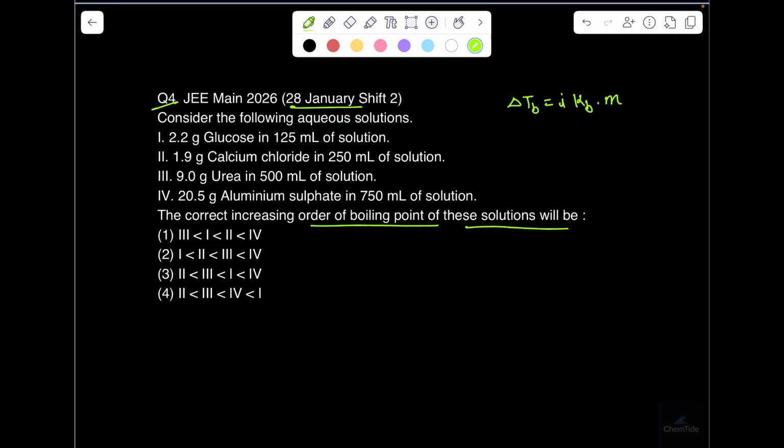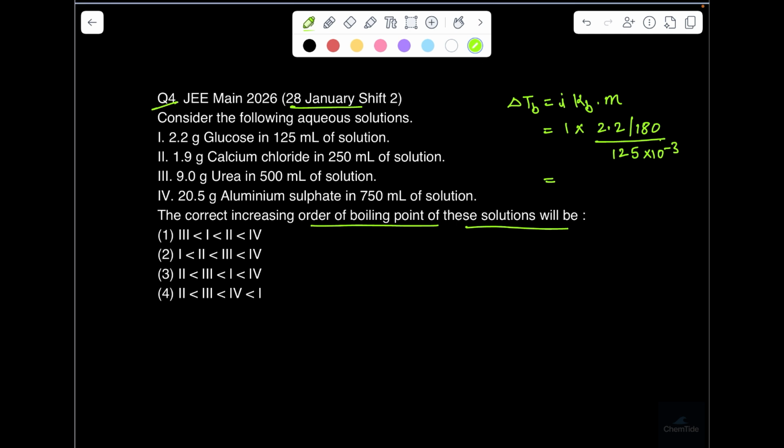So Kb will remain the same because the solvent is the same, water. In glucose the i value is 1 and molality would be 2.2 by 180 divided by 125 into 10 to the power minus 3. I'm using here molarity because it is a very dilute solution, so molality and molarity are both the same.